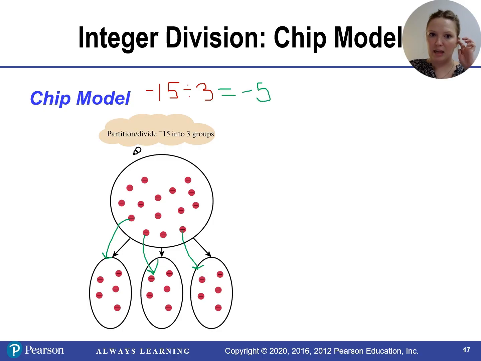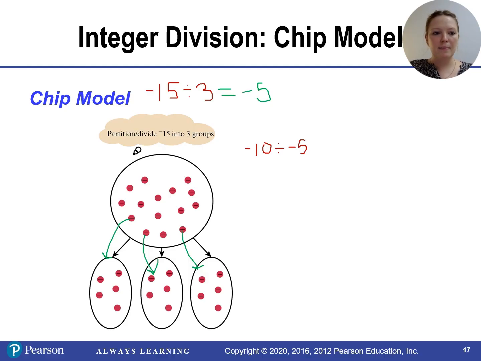Now you might think, what's going on if I need to divide a negative number by another negative number? So let's think about what happens if we take negative 10 divided by negative 5.